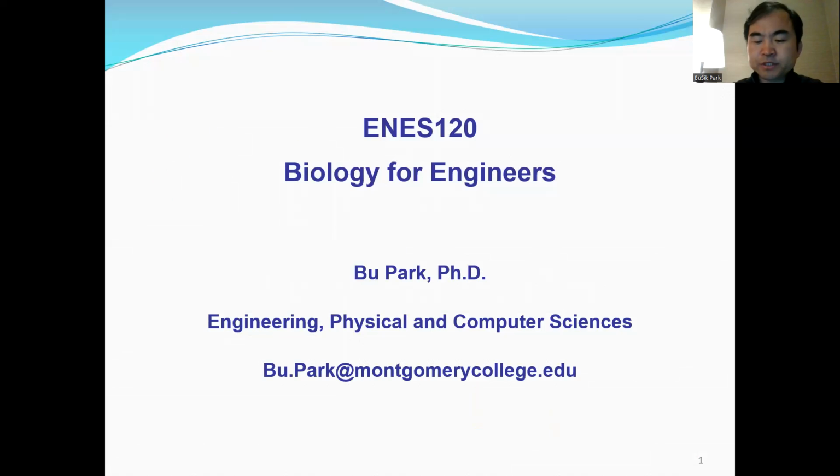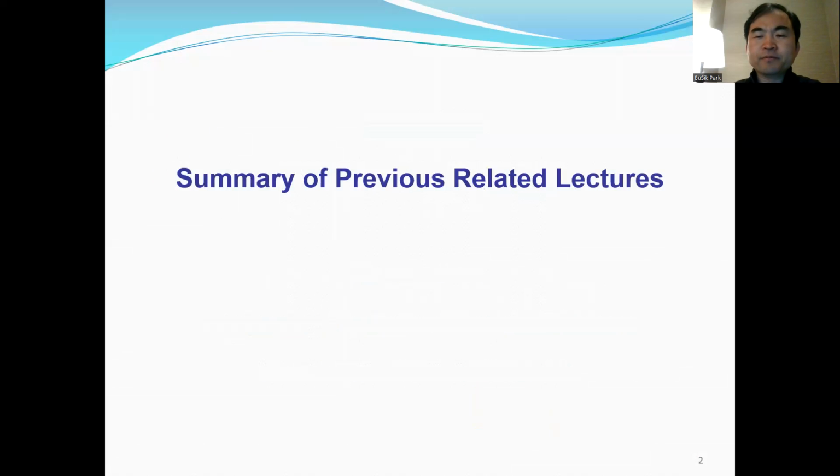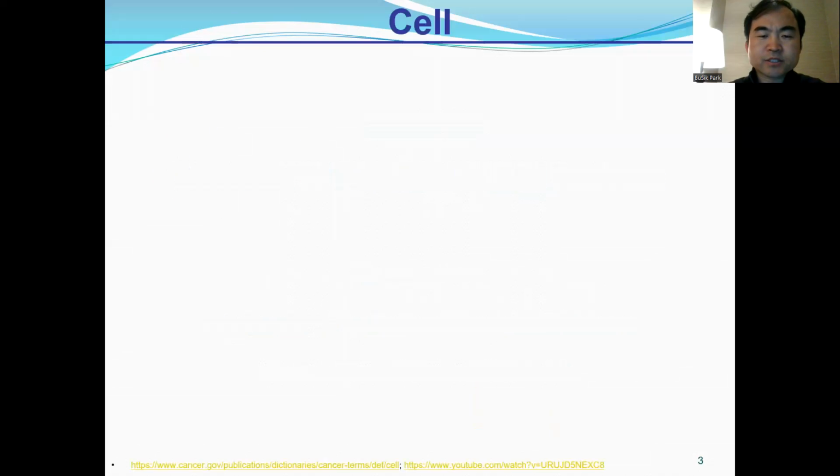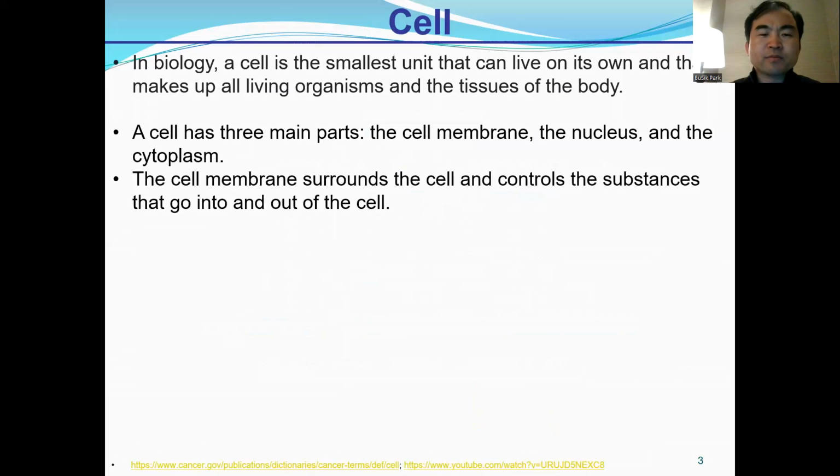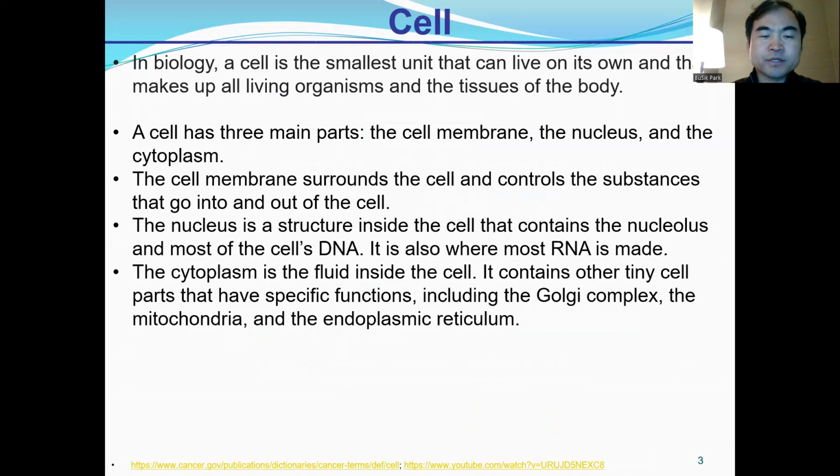ENES120 Biology for Engineers. Summary of the previous lecture: the cell. As we know, the cell is composed of mainly three parts: the cell membrane, nucleus, and cytoplasm.